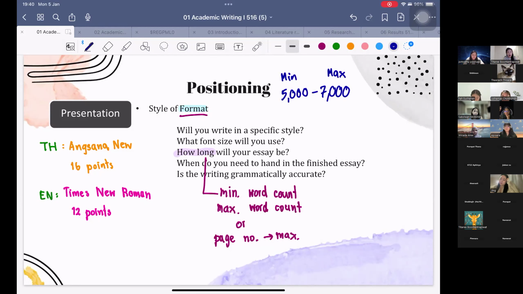So if it is more than 7,000, you need to remove some words. If it is less than 5,000, you need to add more words or sentences. If you submit your work to a journal or conference, normally they would have word limitations that you need to follow.